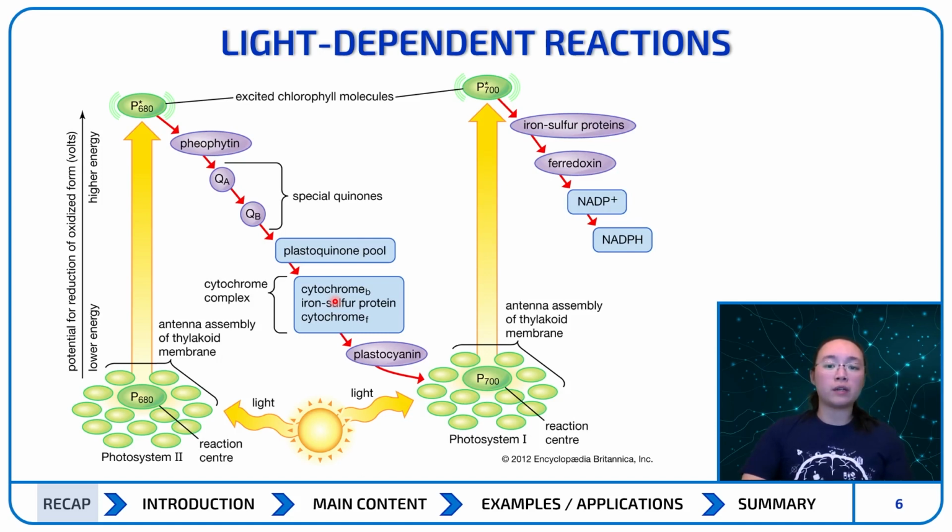Your protons are going to flow down the proton gradient back to the stroma and pass through ATP synthase to spur ATP production. And this specific process, which is important to know, is called chemiosmosis. So all of that produces ATP through ATP synthase. So step 1 and step 2 allow for light absorption and the creation of ATP.